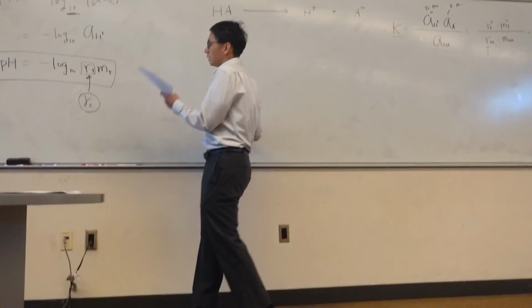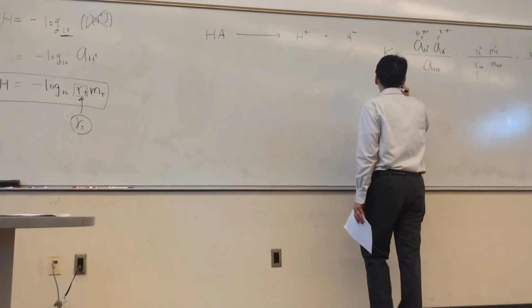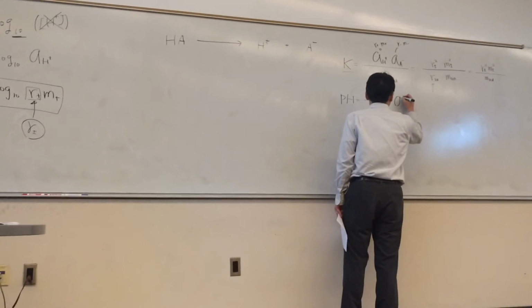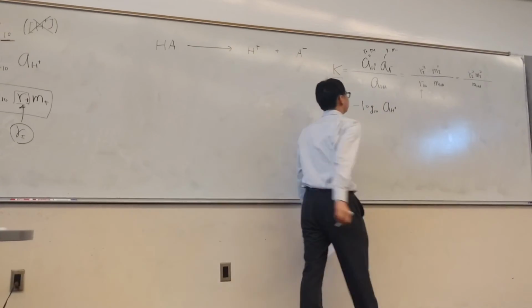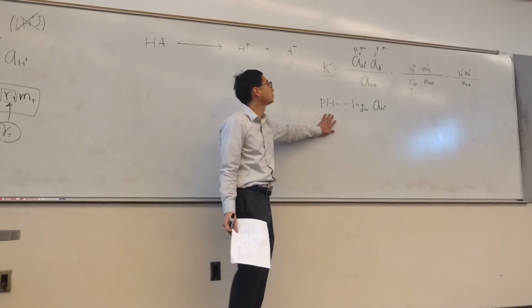And we also say the pH. Now we can do this. pH is negative log 10 of a H plus. This is the definition of your pH now, right?